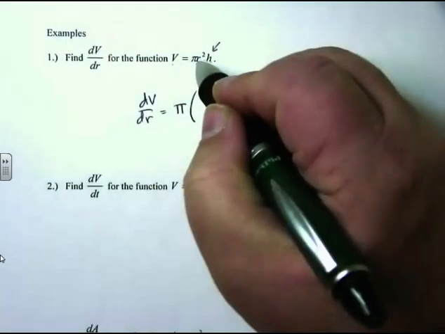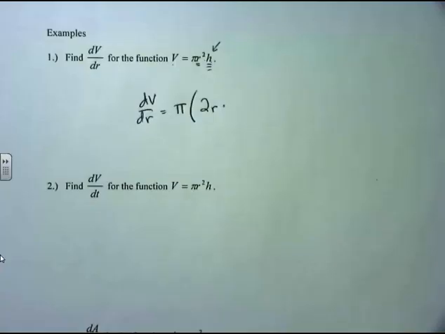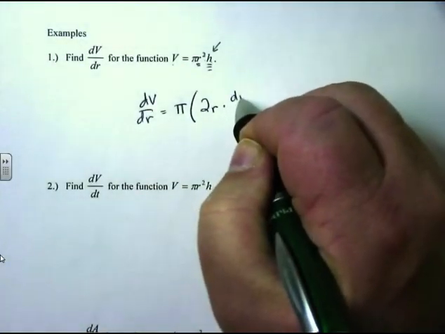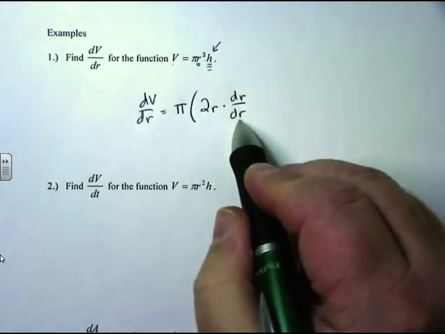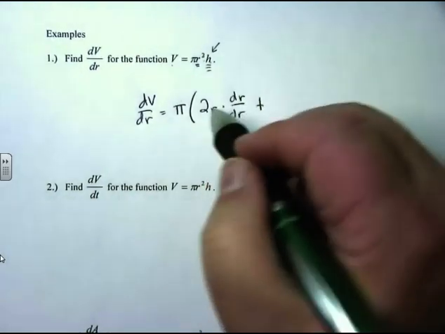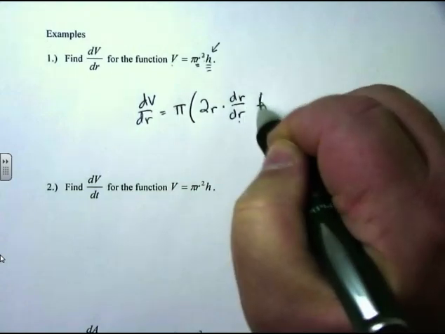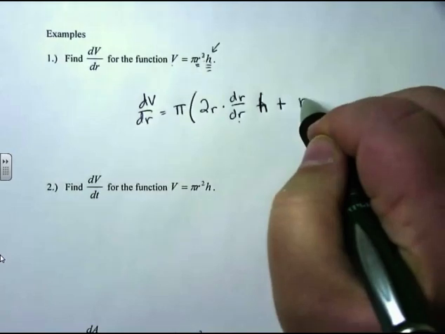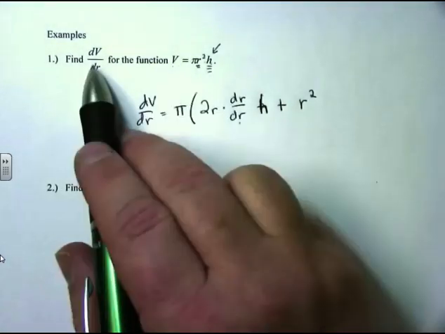Well, derivative of the first. What's the derivative of r squared? That would be 2r, but every time we take a derivative of a variable, we've got to multiply times d, whatever the variable is, r, with respect to r, dr. Okay, yes, this is going to cancel. Plus, derivative of the first times the second, times h, plus the first, which is r squared, times derivative of the second. What's the derivative of h with respect to r?